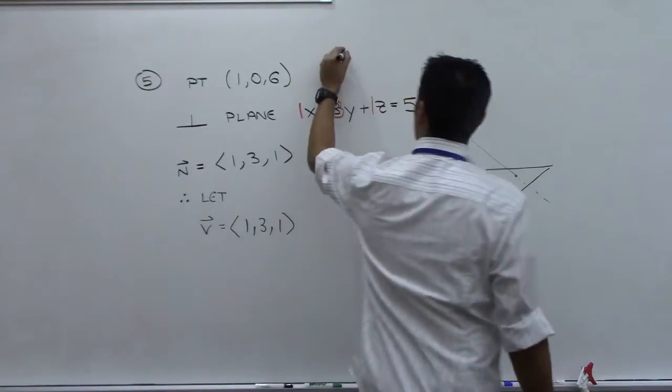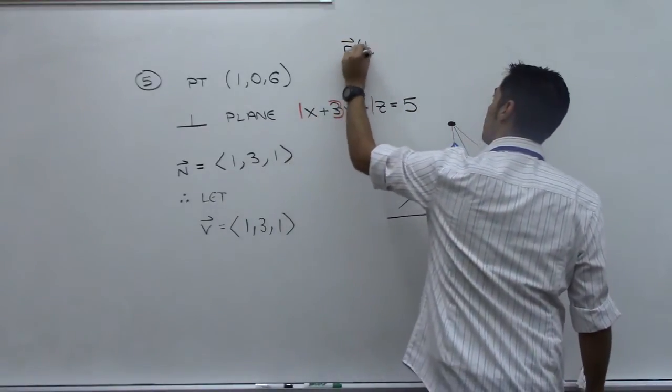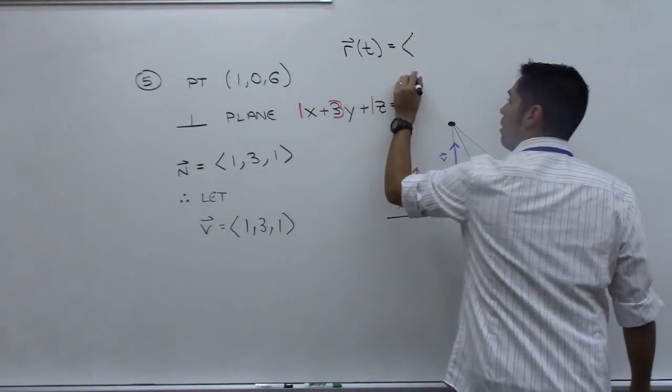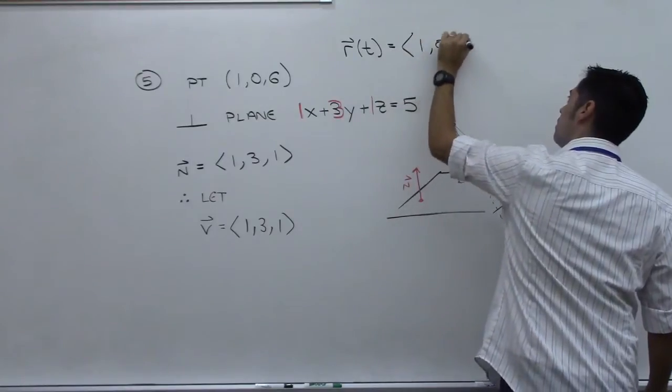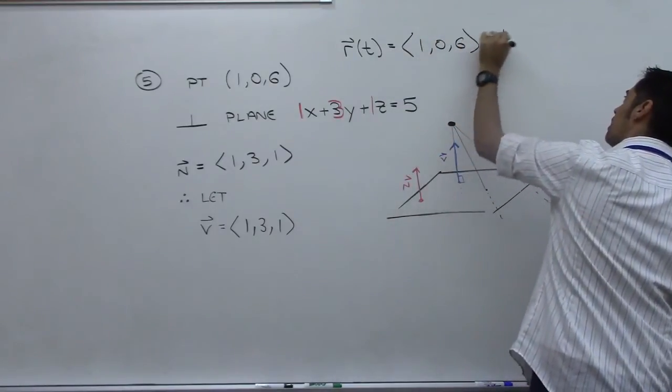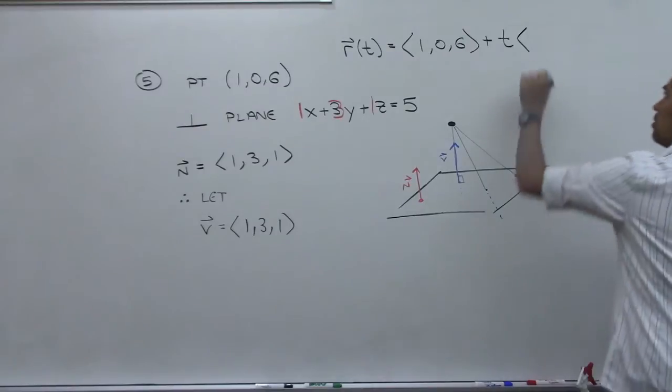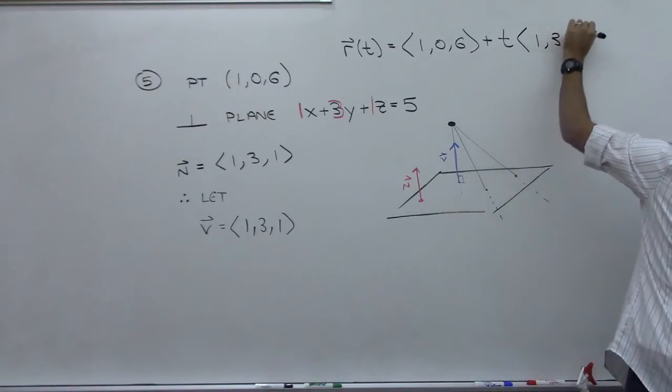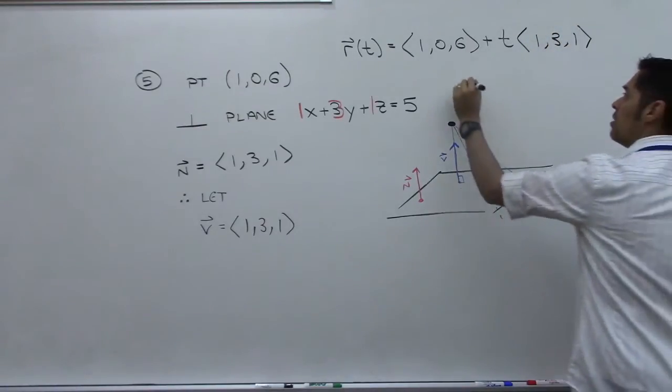I'm going to write down the vector equation of the line. I need my r naught, which is the point on the line converted to a vector, plus t times the direction vector, which is 1, 3, 1. Then we can combine things together.